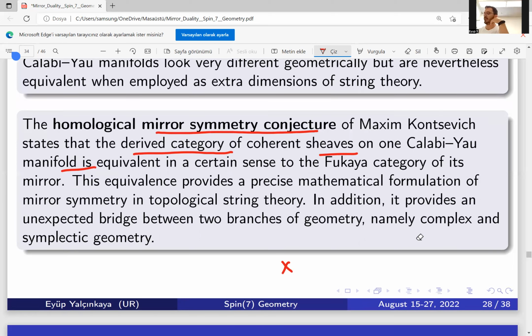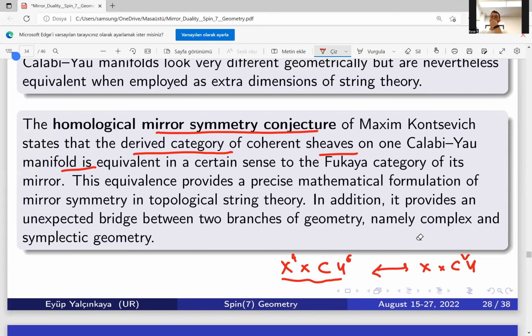This is the 4-dimensional spacetime, this one is the 6-dimensional Calabi-Yau manifold, with 3 complex dimensions. And if you know the Calabi-Yau case, we theoretically know the mirror dual of these spaces.